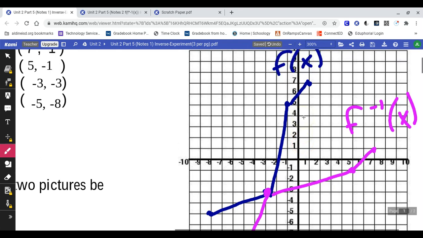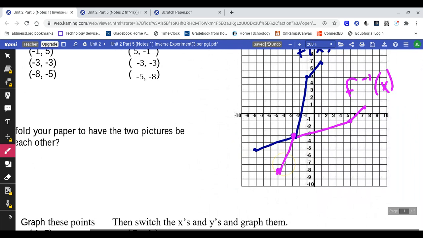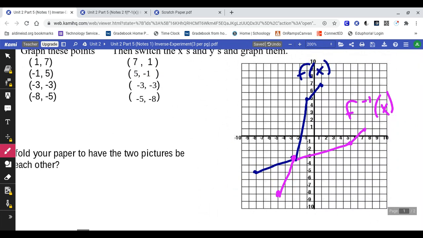So my blue graph represents my original function. My purple graph represents my inverse function. And to mark it as an inverse, I'm just going to put this little -1 next to the letter F. And so as we look at these two graphs, the blue and the purple, what we should notice is that the graph is flipped across this diagonal line.